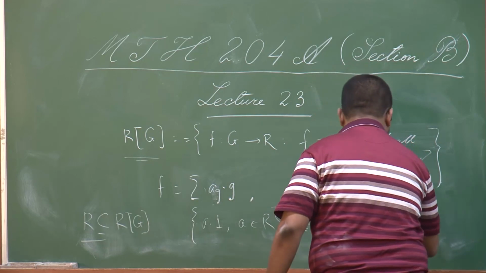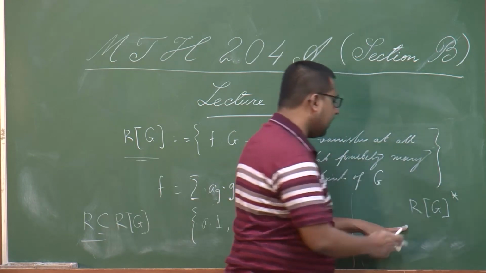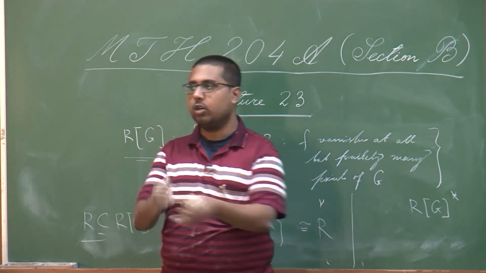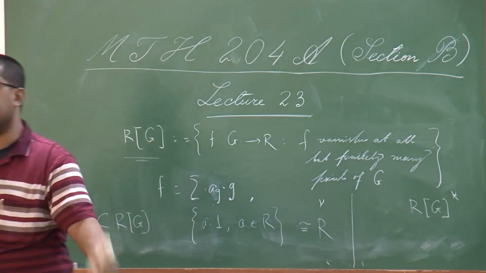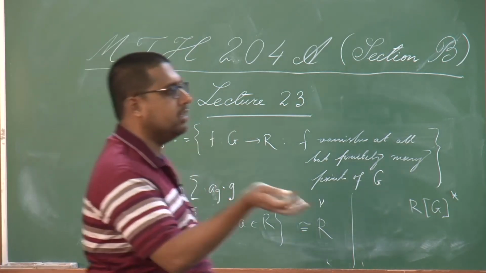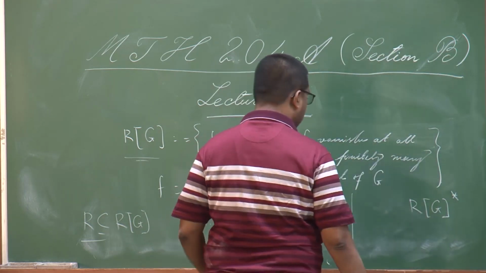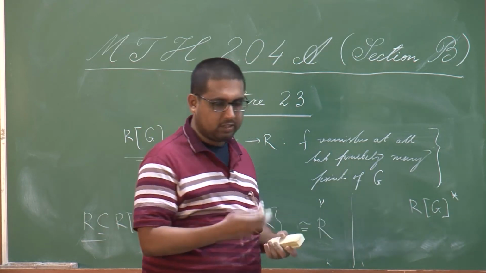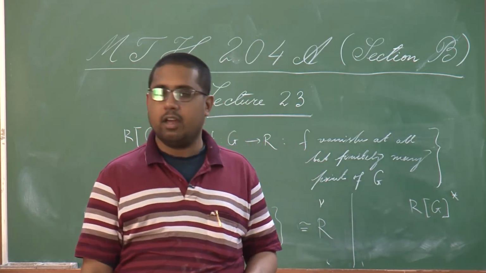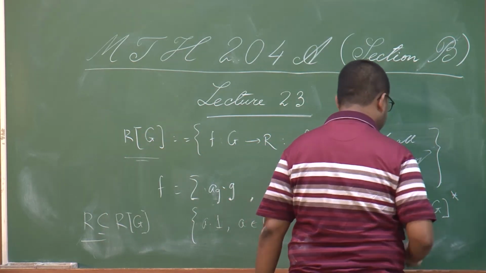So this contains R as a subring, and now its group of units. Given a ring R, R star is the collection of all its invertible elements, all its units, and you can immediately see that it forms a group, because apart from invertibility all the necessary things are already present. So this is called the unit group of any ring. Now the unit group of this very particular ring contains G as a subgroup.